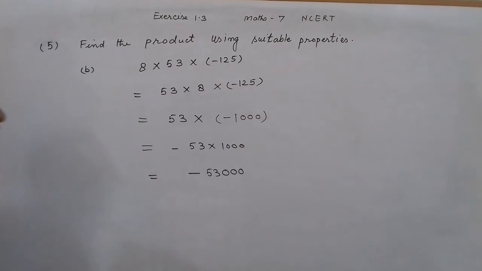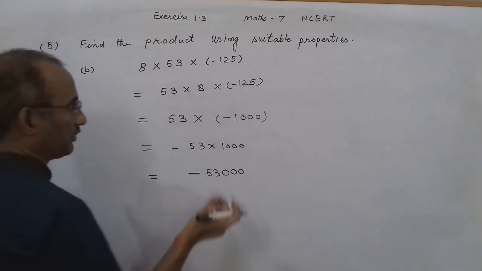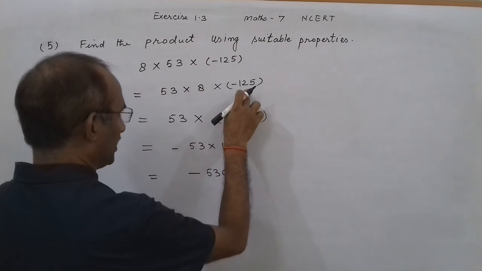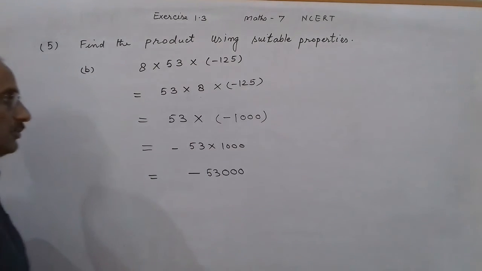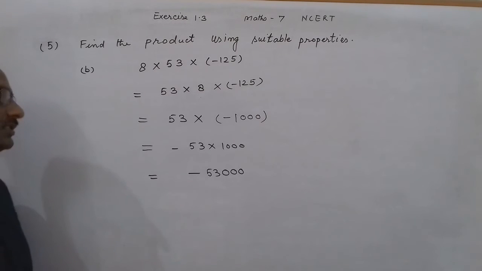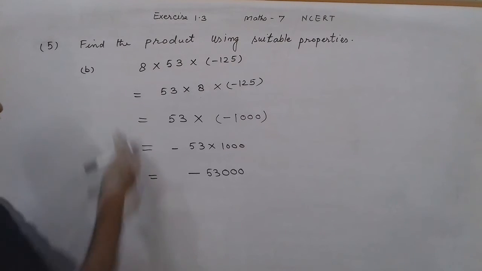This is our answer. So using commutative property, we can easily find the product of 125 and 8. So we get here 1000 and the product with 1000 is very easy. We put the same number 53 and 3 zeros after that. So our answer is minus 53,000.